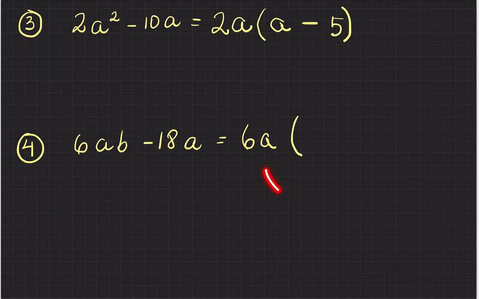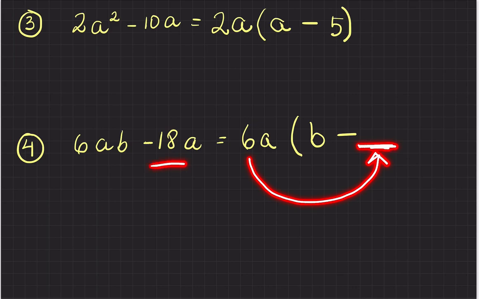So 6a, if I multiply it times what will give me the 6ab that I need here? That will be just b. Then comes the negative sign. 6a times what here will give me the 18a? 6 times 3 is 18, so it will be minus 3.